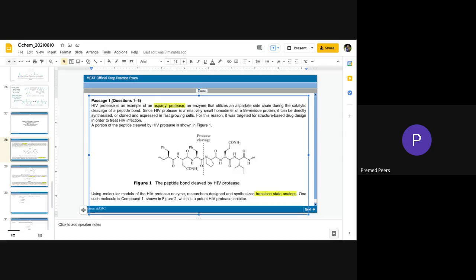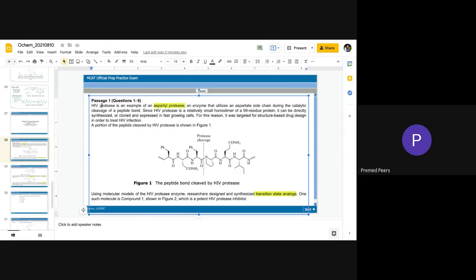So this specific protease is HIV protease. One of the things I think I forgot to mention is the peptide bond. When you do a cleavage of a peptide bond, it's very often a hydrolysis process.